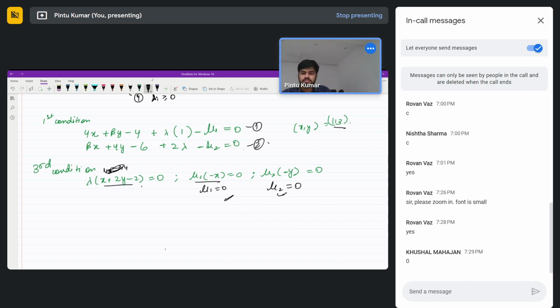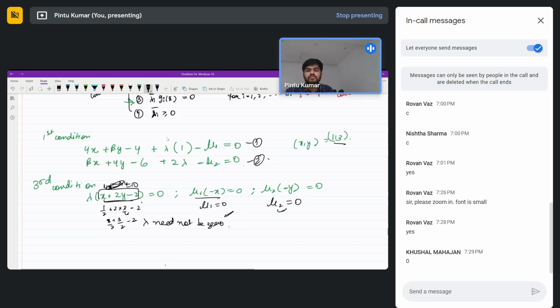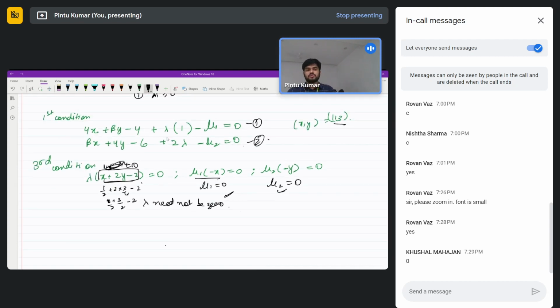So this is half plus 2 into 3 by 4 minus 2. So this is half plus 3 by 2 minus 2, which is 0. So the interior part is 0. So my lambda need not be 0. Okay. Now we will try to solve this question.